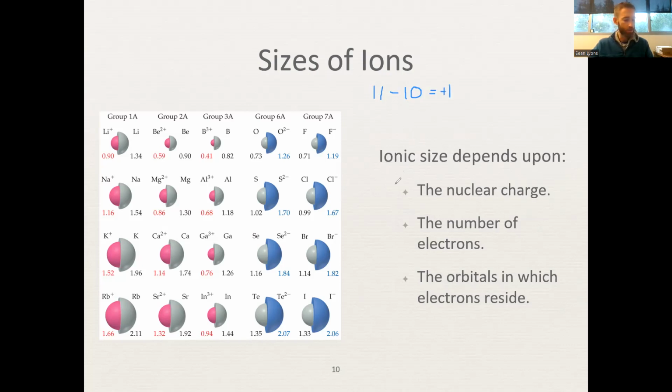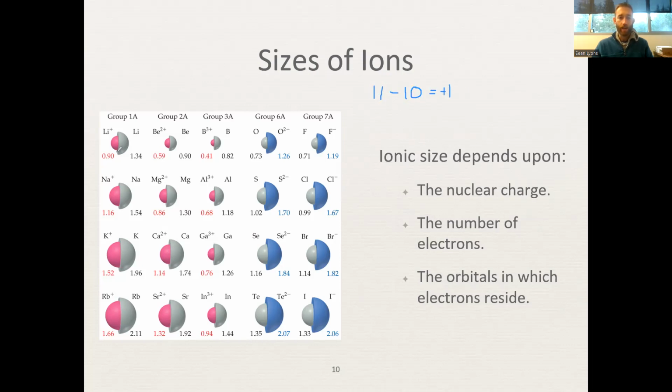Trying to do this with a mouse is a little difficult, so that's why it's taking me a moment. But we saw with the sodium atom, it's got 11 protons, 10 core electrons, so we wind up with a valence charge, or an effective nuclear charge, excuse me, of +1.